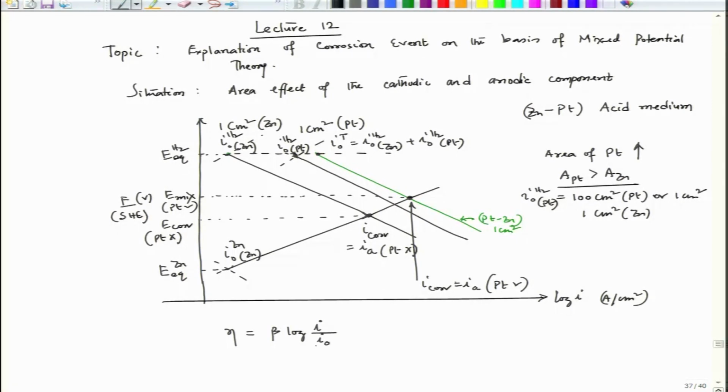I by I0, this is valid for A or C, and this is A or C, and this I0 is corresponding A or C. A means anodic and C means cathodic.